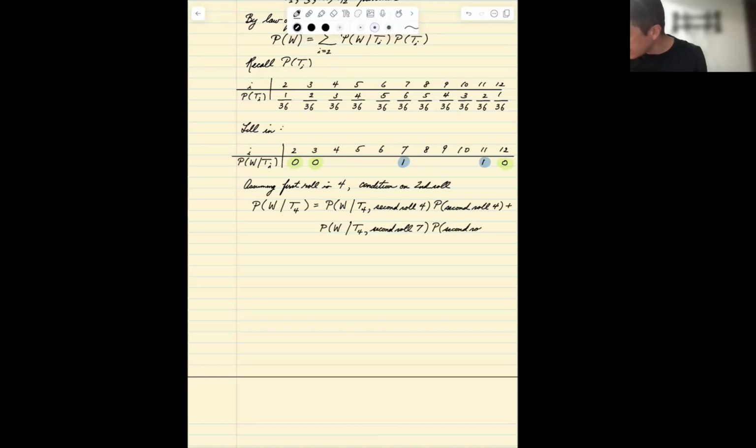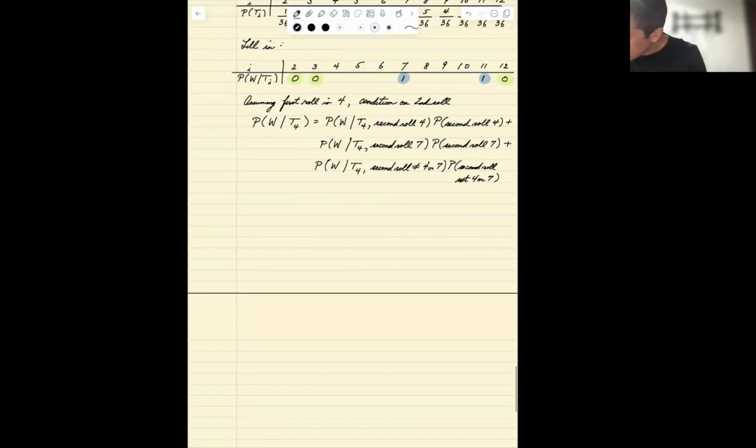We have to take those two possibilities into account. Those are when the game ends on the second roll. And then finally, the probability that we win given T4 and the second roll is not a 4 or a 7 times the probability that the second roll is not 4 or 7.